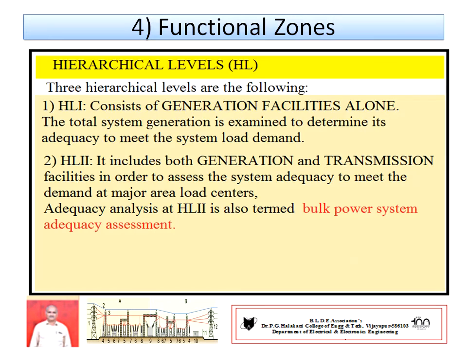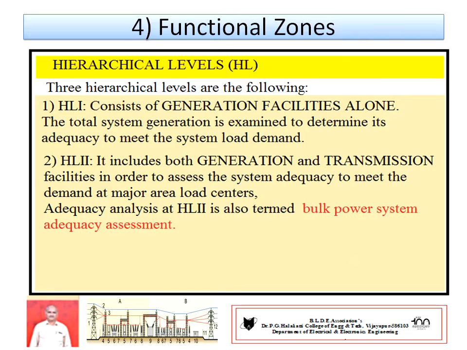HL1 consists of the generation facilities alone. The total system generation is examined to determine its adequacy to meet the system load demand. This is category 1. Then category 2, HL2, is just an advance, that is, more than generation.